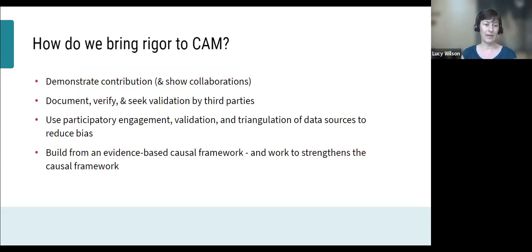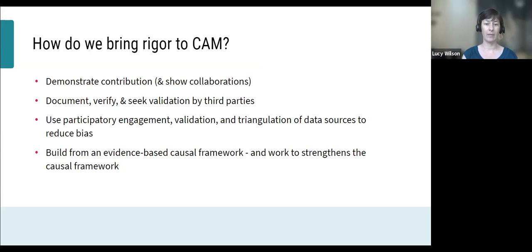So rigor has come up a couple of times, and so how do we bring rigor to complexity-aware monitoring? Last week, I talked a bit about attribution versus contribution. While CAM doesn't look at attribution, the approaches often outline specific ways to demonstrate contributions, while also acknowledging the importance of collaboration. Then, while an RCT uses quantifiable measures, CAM relies on measures that are documentable.